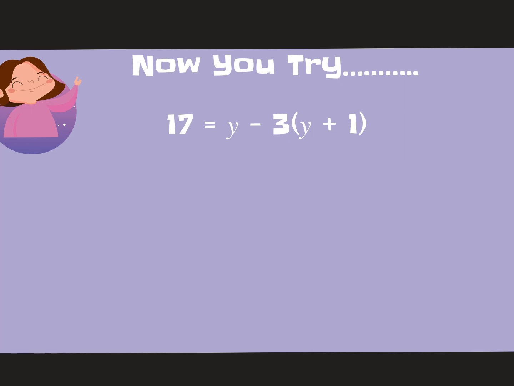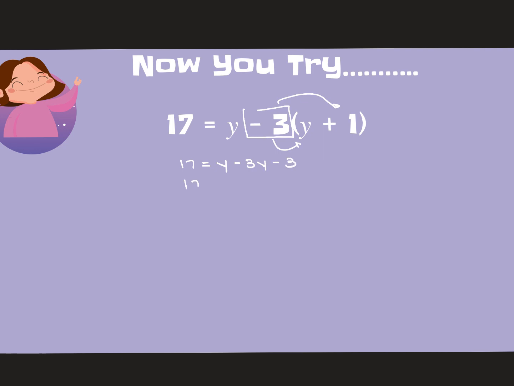We have 17 is equal to y minus 3 times the expression y plus 1. Again, we have this negative 3. We're distributing this negative 3 to the y and to the 1. So I have 17 is equal to y minus 3y minus 3.